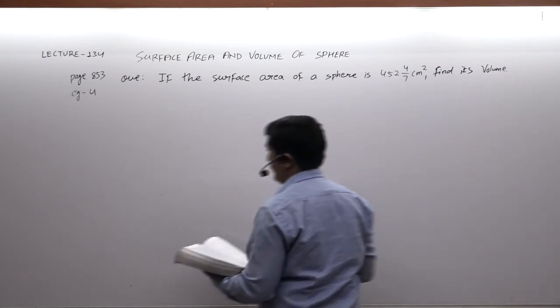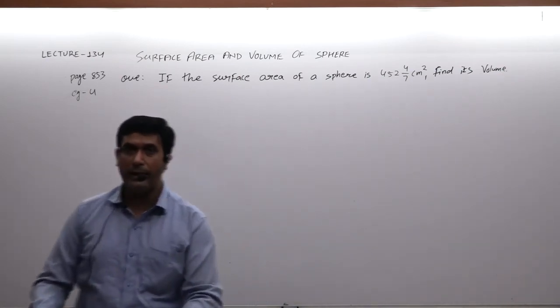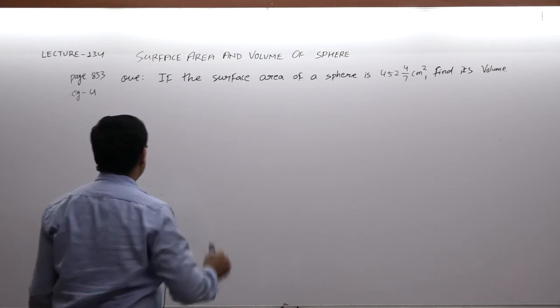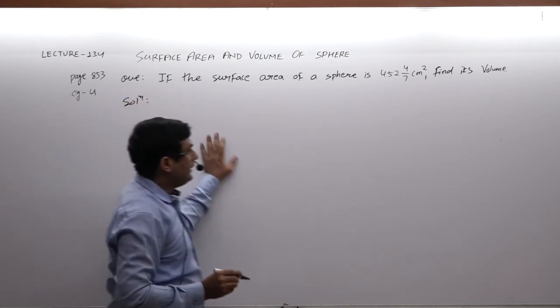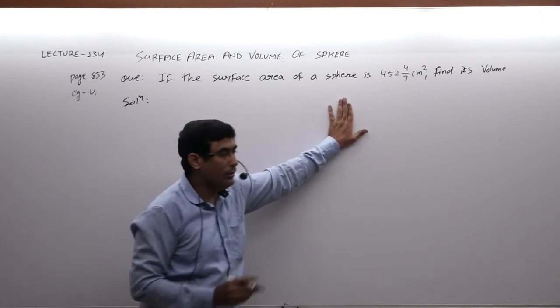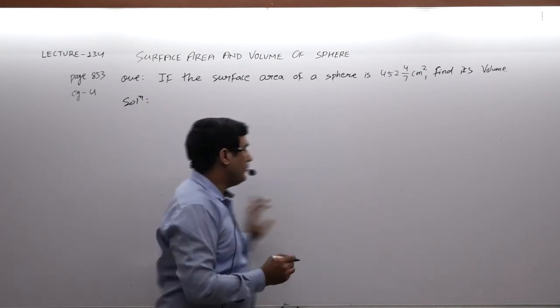Okay, to obtain the volume, we must have the radius. So let us see how to solve this. Here it is sphere. So surface area means total surface area.